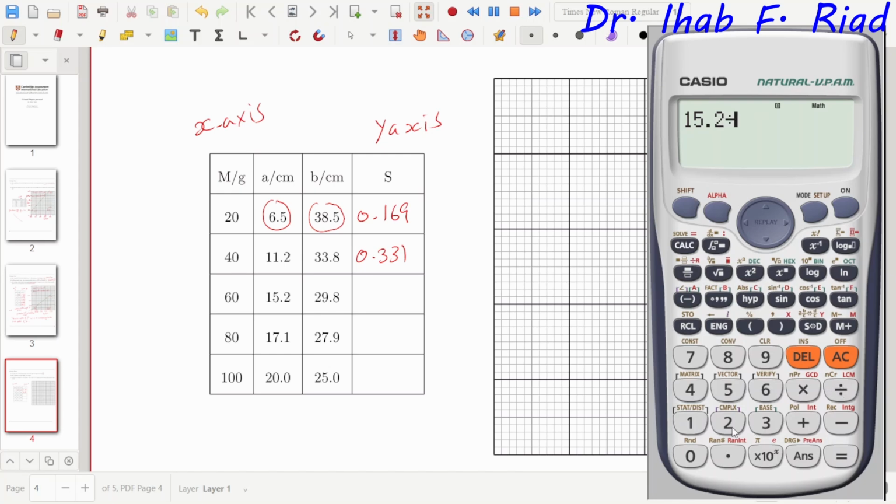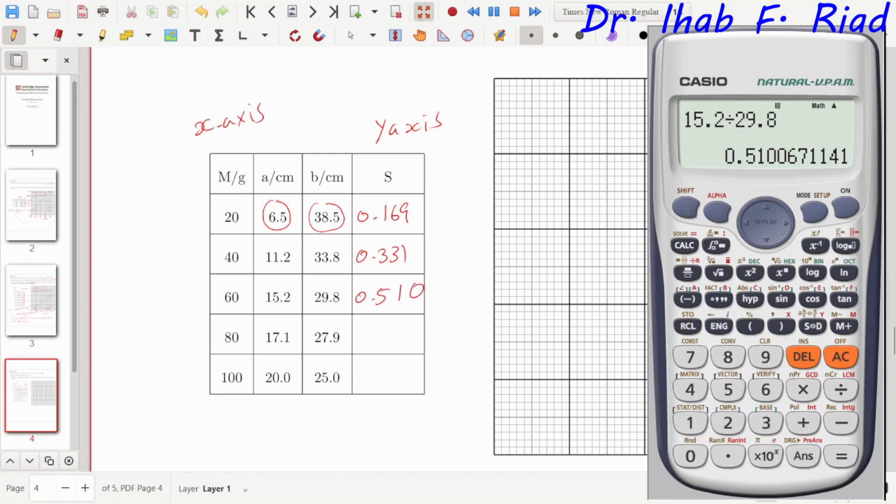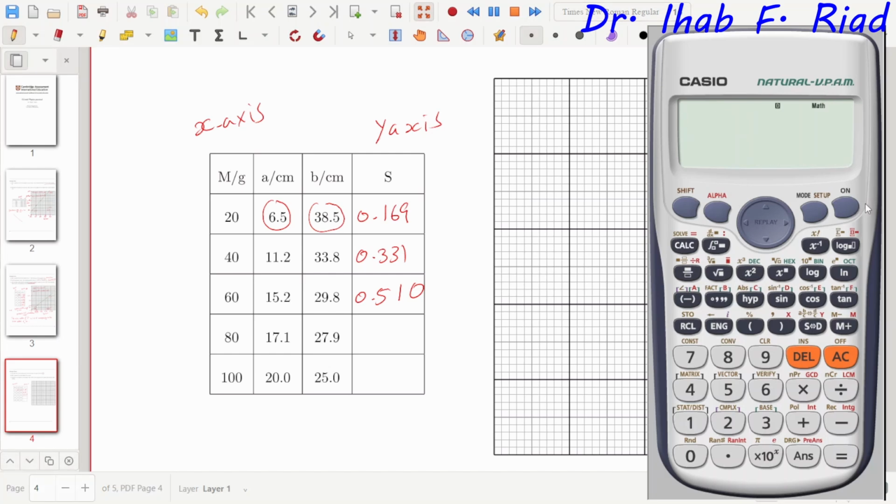15.2 divide 29.8 is 0.510. 17.1 divide 27.9 is 0.613.